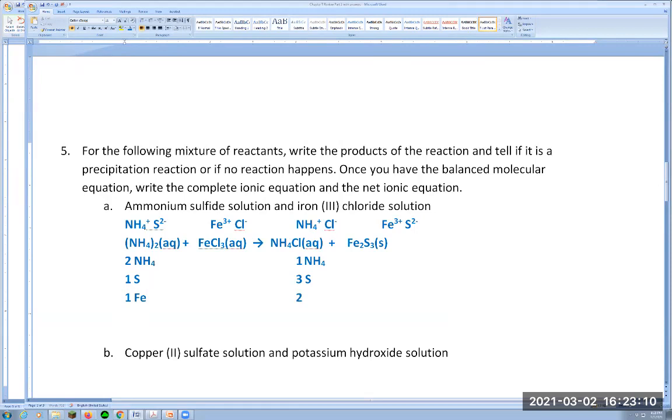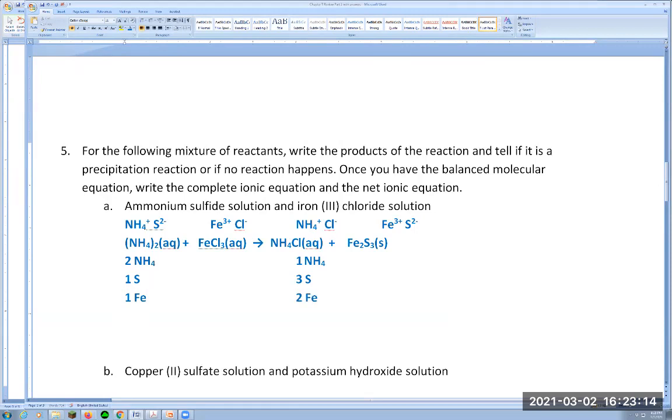And on the right, we have 2 irons in Fe2S3. And then finally, chlorine, we have 3 chlorine on the left in the FeCl3. And then on the right, how many chlorine? We have only 1 in the NH4Cl. So that's the number of atoms of each kind and of polyatomic ions.